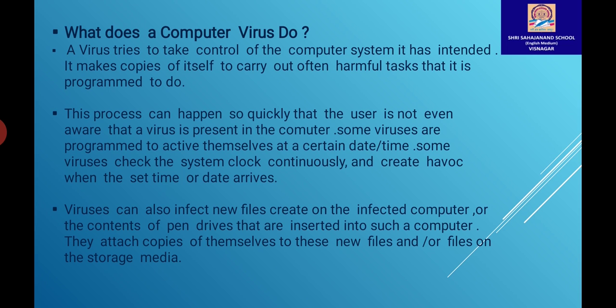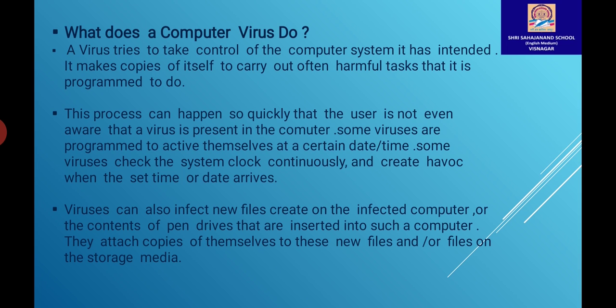So what does a computer virus do? A virus tries to take control of the computer system it has targeted. It makes a copy of itself to carry out often harmful tasks it is programmed to do.